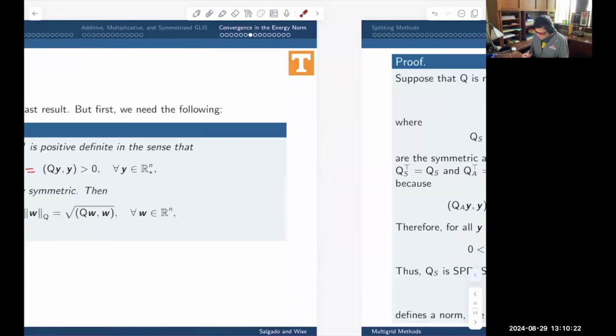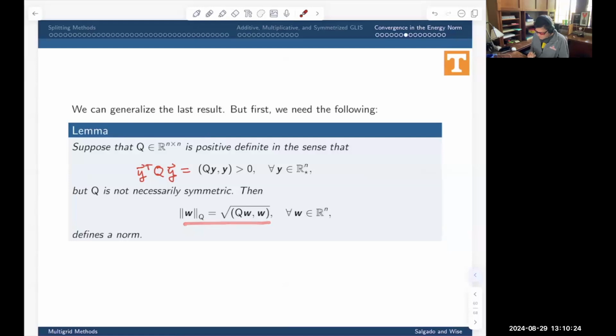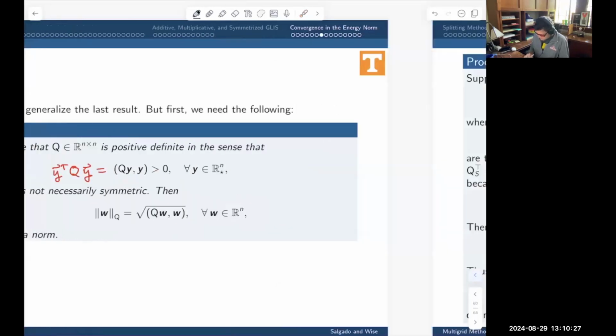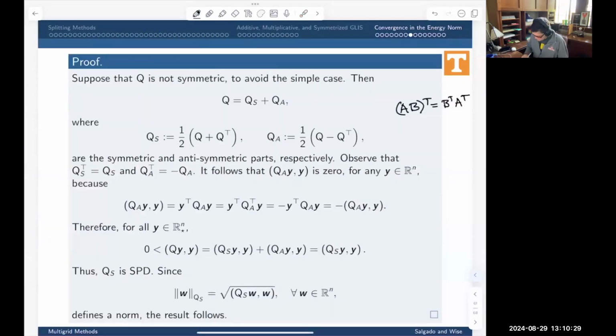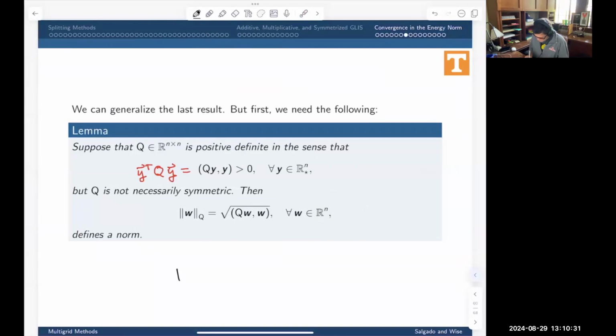So why is ultimately this a vector norm then? Well, that's because if we look at that guy, I don't have any room to write it there, so let's do it here.